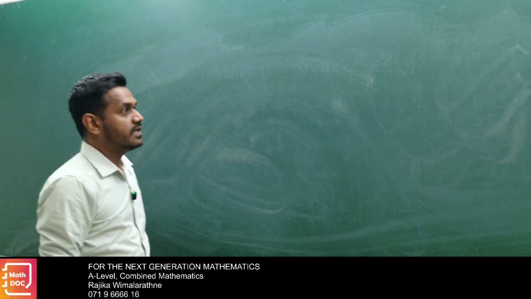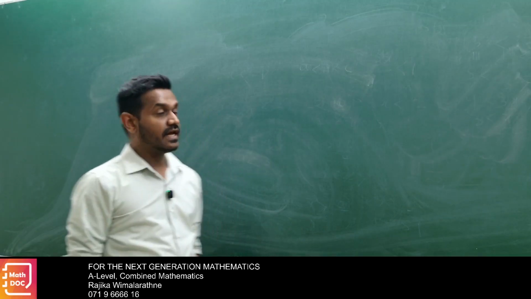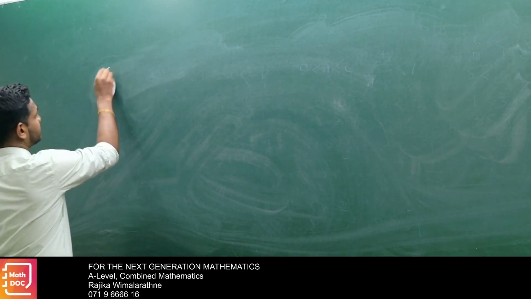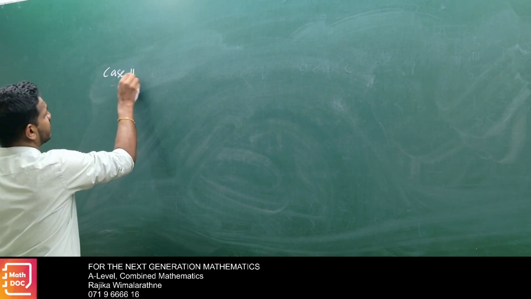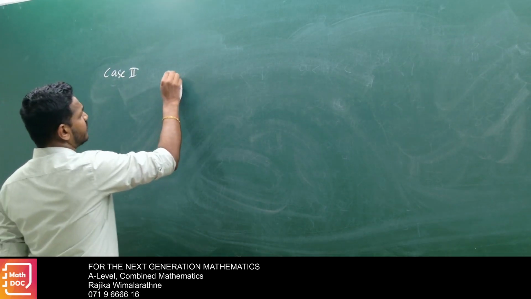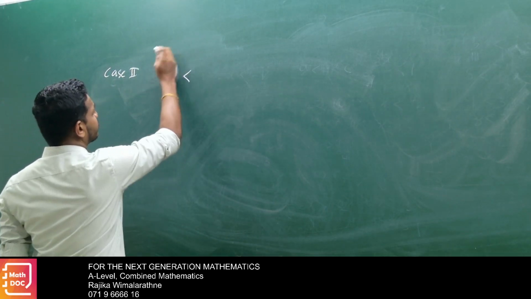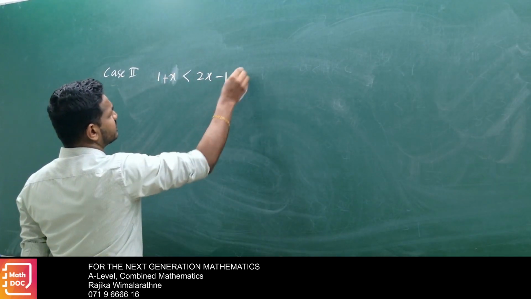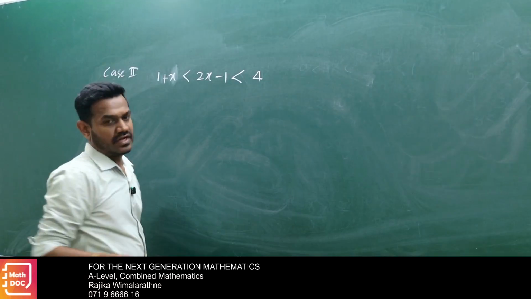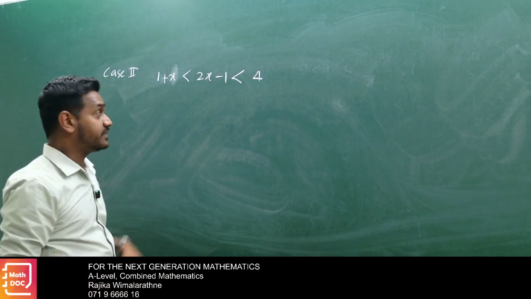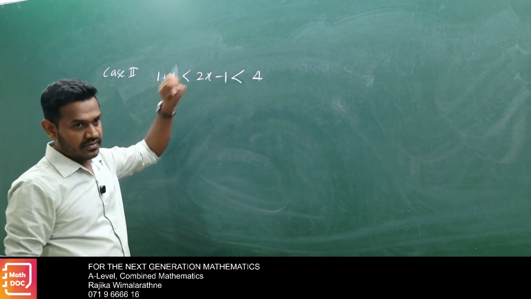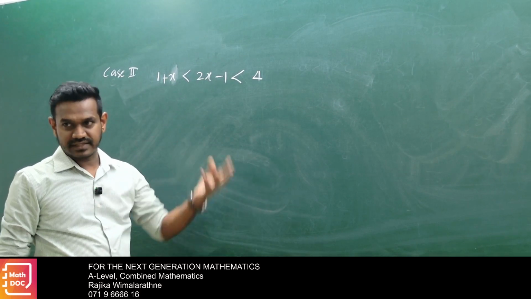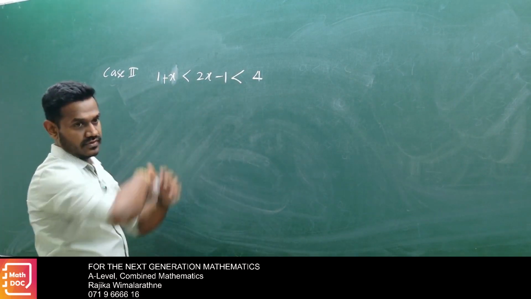Okay. Now see double inequality second type, case 2: 1 plus x less than 2x minus 1 less than 4. Now we have a double inequality. In the previous case we had an x term only in the middle. Others were constants.